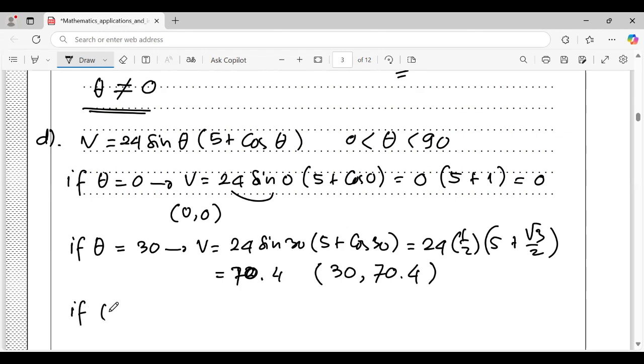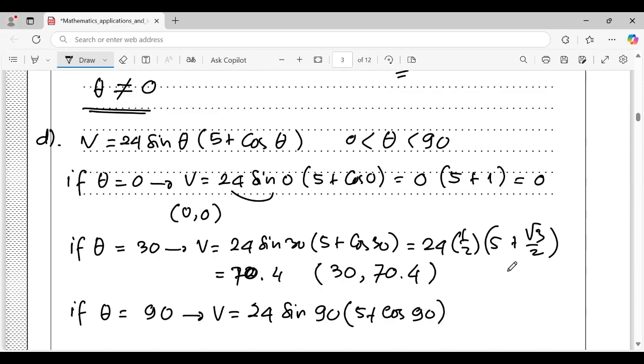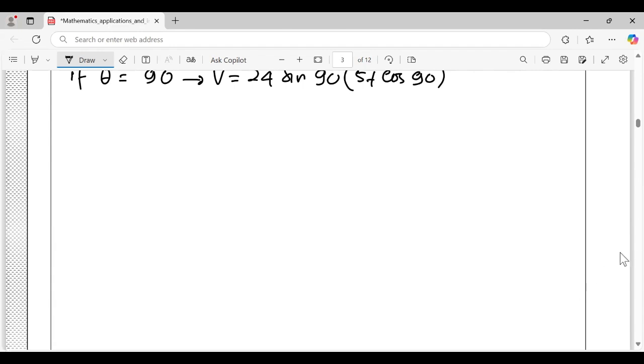One more. If theta equals 90, volume equals 24 sine 90 multiply 5 plus cosine 90. I'm going to scroll down first.